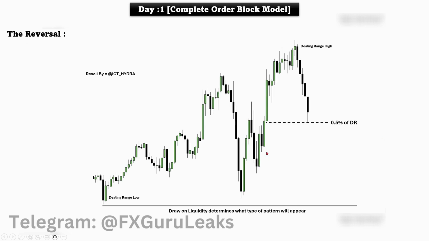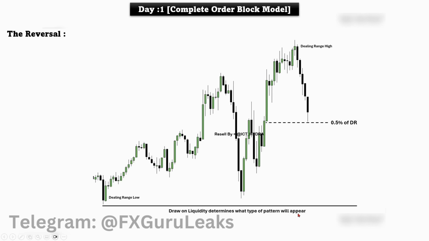Take a look at this chart here. Now this is our dealing range low, dealing range high. Now we are at the 0.5 of the dealing range, right? This is where our high probability trend continuation or the reversal order block pattern will appear, right? So here, what do you see? I wrote here, draw on liquidity determines what type of pattern will appear, right?